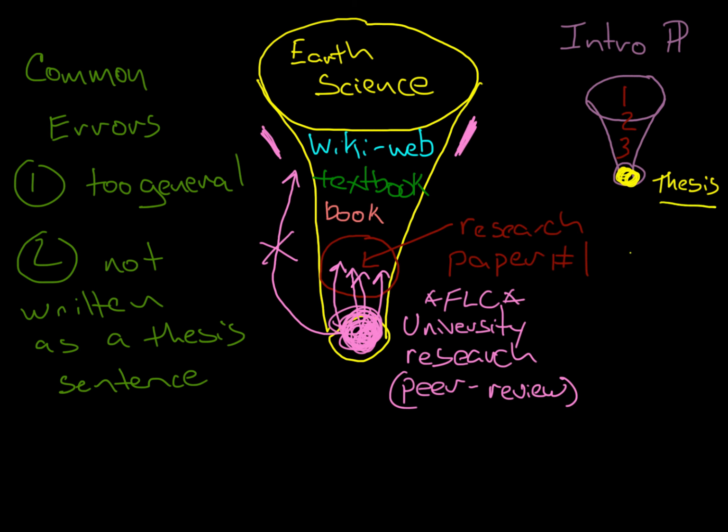Because this thesis sentence is based on this university research piece. So that's why I'm wanting you to dig down and find that peer-reviewed research. That's going to be the supporting evidence for your thesis.